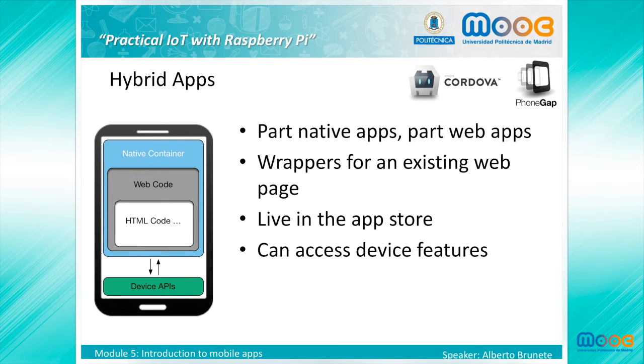Last but not least, hybrid apps are part native apps and part web apps. Like native apps, they live in an app store and they can take advantage of the many device features available. Like web apps, they rely on HTML5 being rendered in a browser, with the caveat that the browser is embedded within the app. Often, companies build hybrid apps as wrappers for an existing web page.